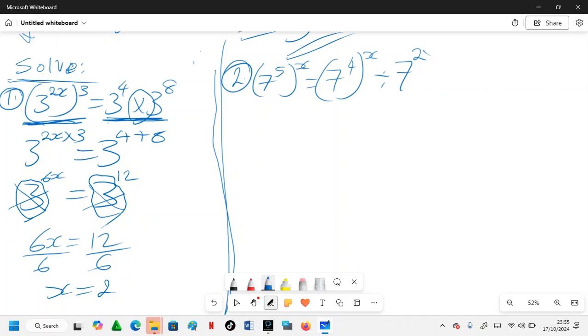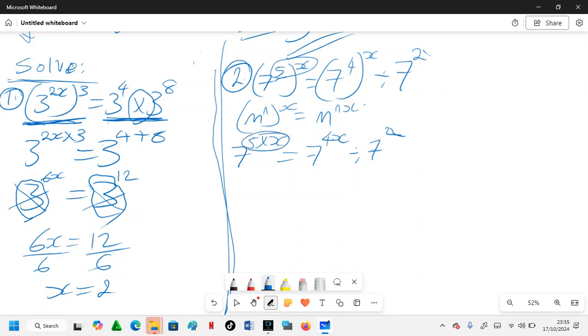Alright, so we multiply that. Remember, m power n, all to power x, is simply m power n times x. So 7 power 5 times x is equal to 7 again power 4 times x divided by 7 power 2.